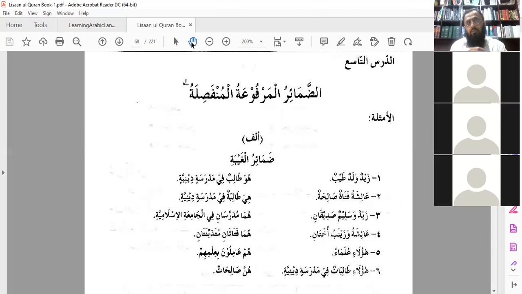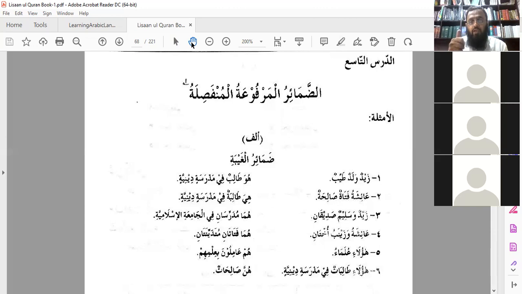Now when we talk about muannath ghaib, for singular al-mufrad al-muannath, we use the word hiya, for female. For muthanna, the same, huma. And for jama al-muannath, hunna.